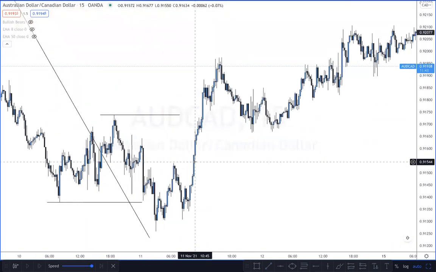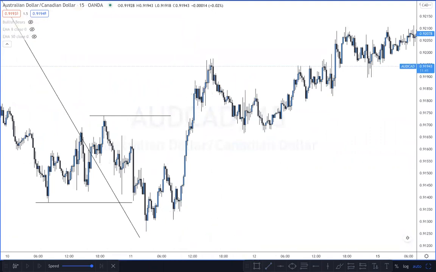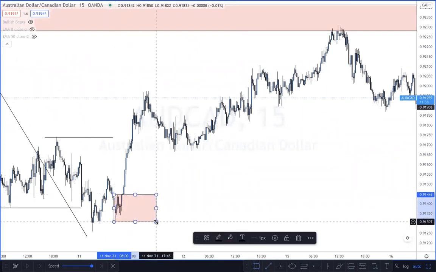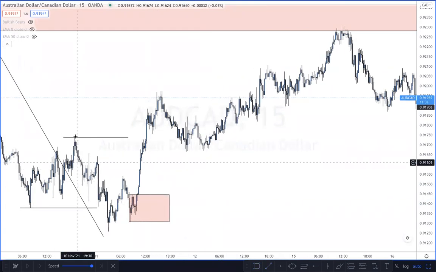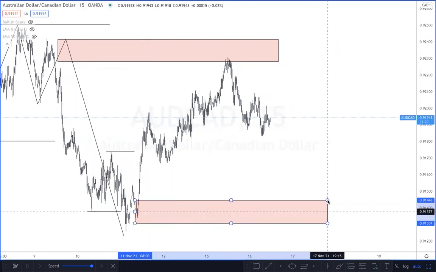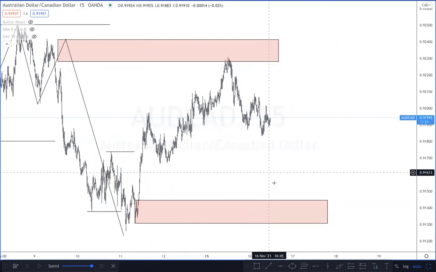Sometimes I feel price will just come down to the low risk buy to take you out and clear the liquidity and that fair value gap above that sell. Yeah, so this is your low risk sell setup right here. If price should fall within this area, possibly, I'm happy to take it.